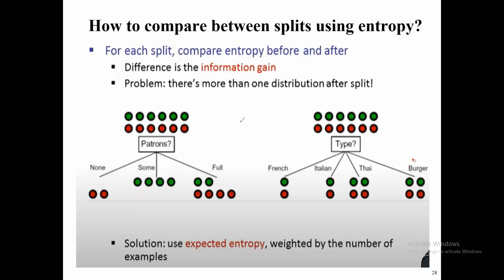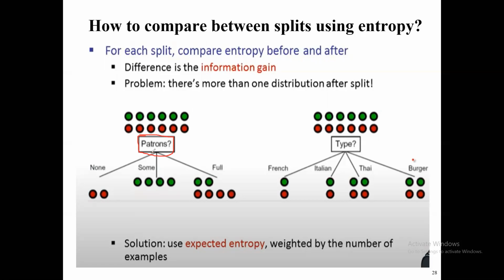So if you are trying to choose between two attributes, to decide which specific attribute we will be splitting on first, or which will be the best attribute, we'll need to compare the entropy values of those attributes. However, while splitting on a specific attribute, we do not encounter only one distribution all the time.